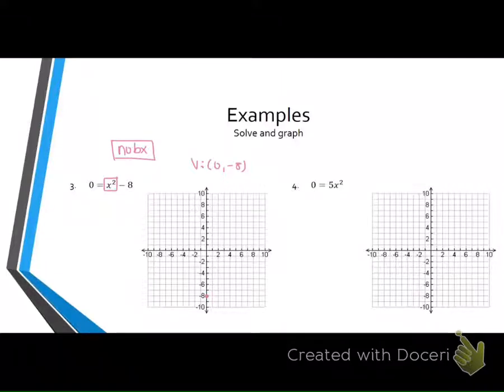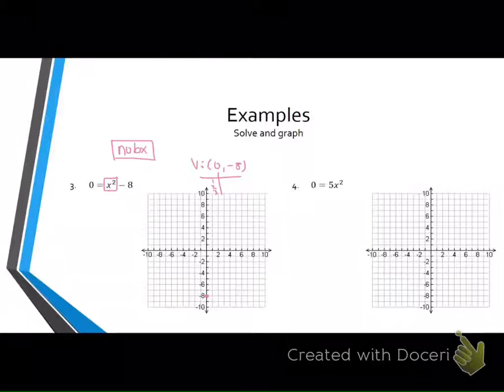My a value is 1. So we'll go out 1, up 1, out 2, up 4, out 3, up 9, right? And you'll notice, are we crossing at an exact point here?